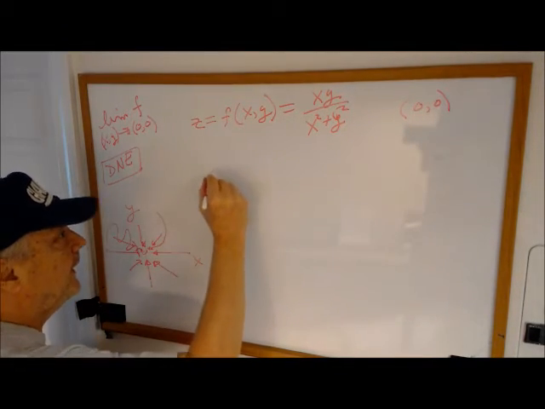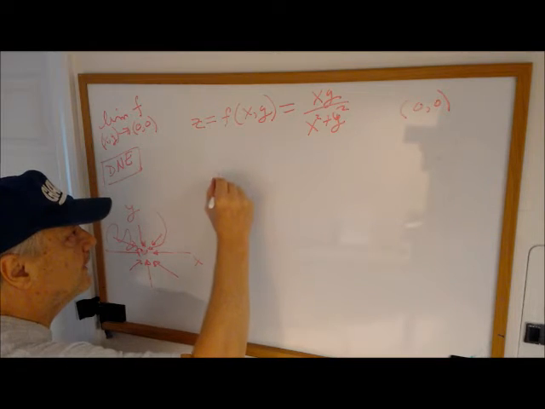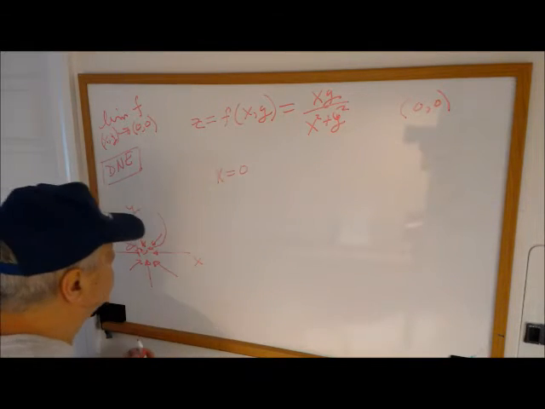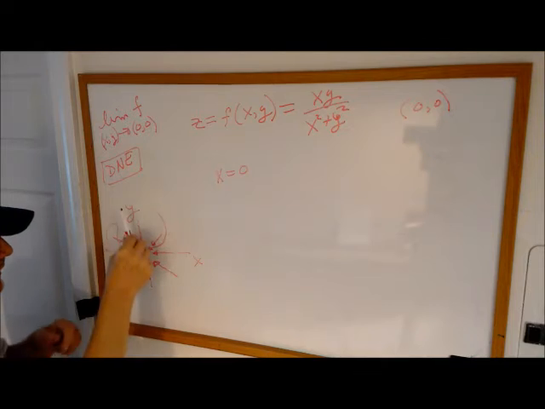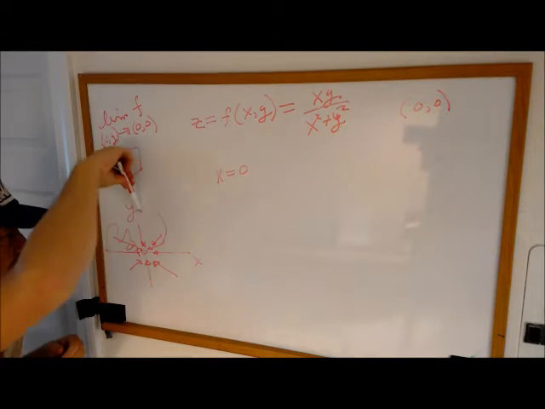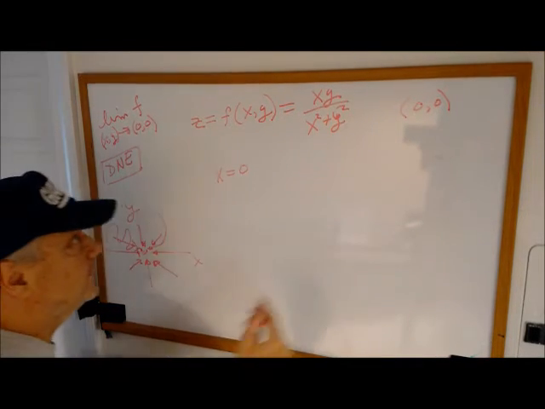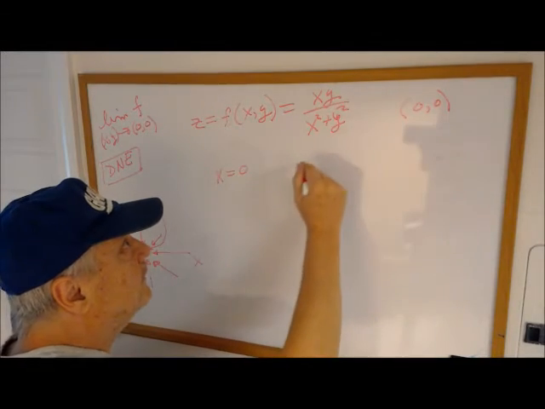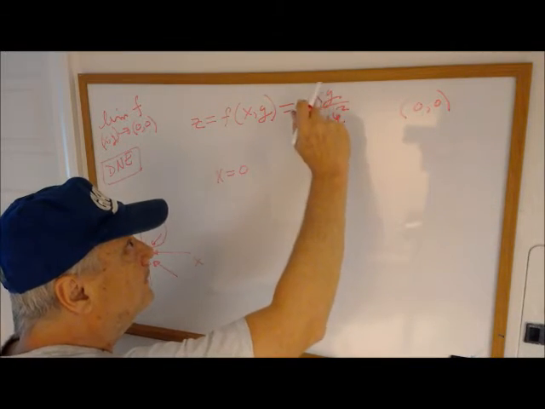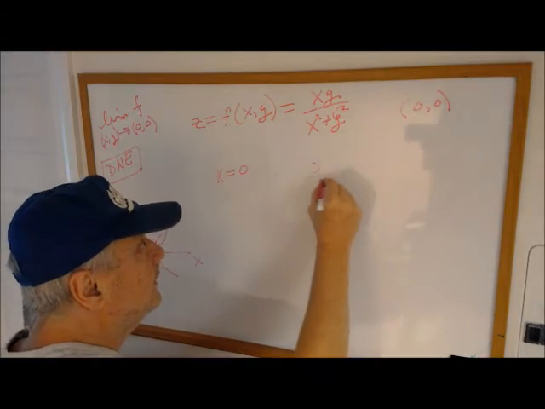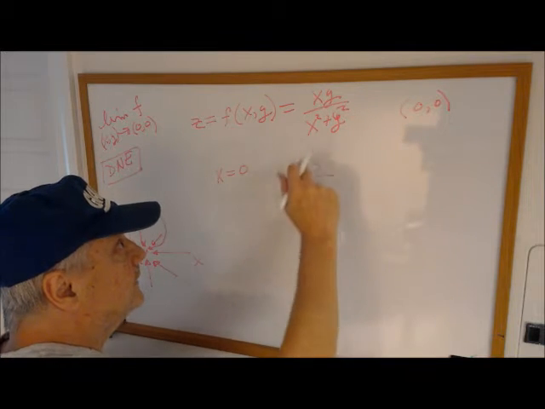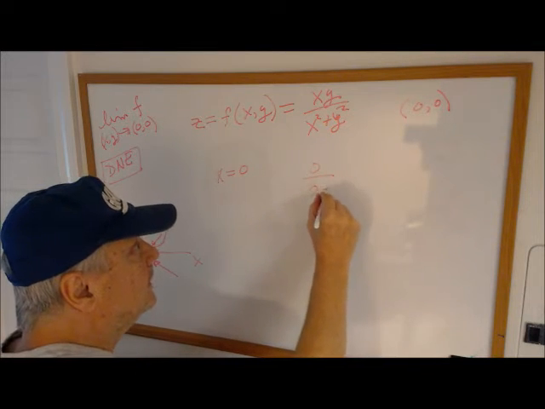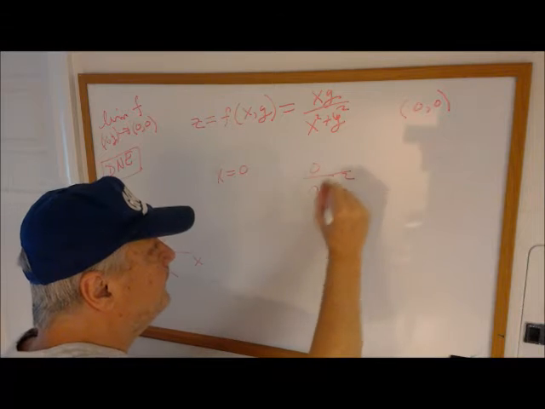So let's take the path when x is equal to 0. So now we're talking about this path and this path. What do we have when x is 0? Well, we have 0 in the numerator, and in the denominator we have 0 squared, which is 0, plus y squared.